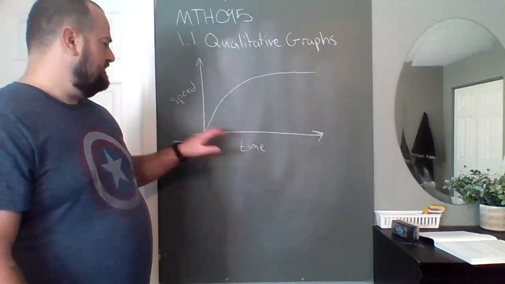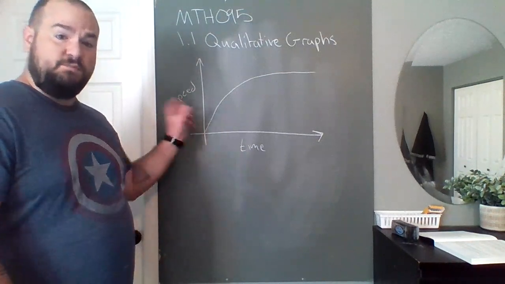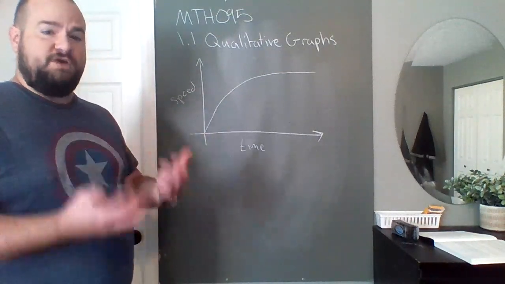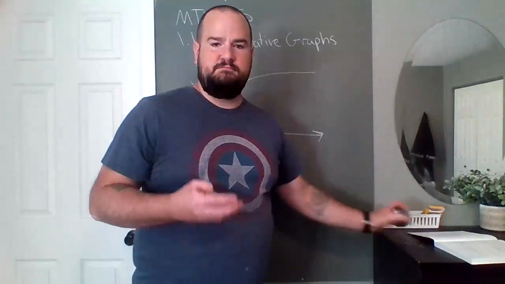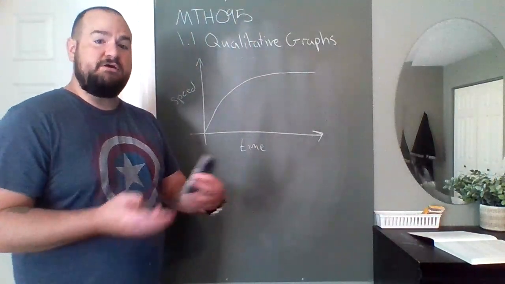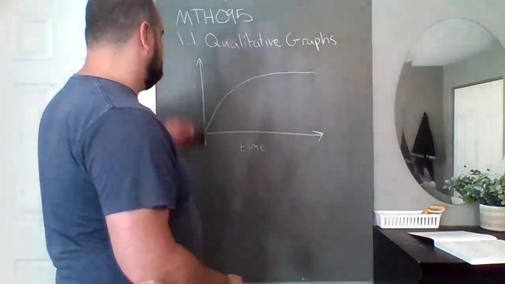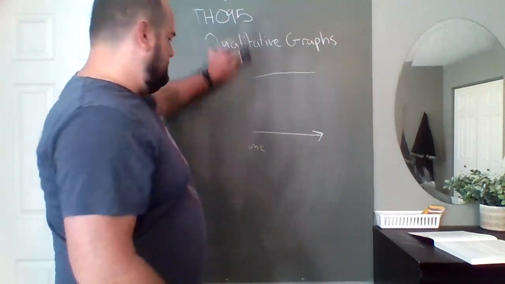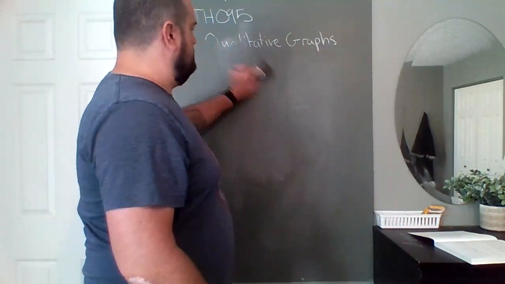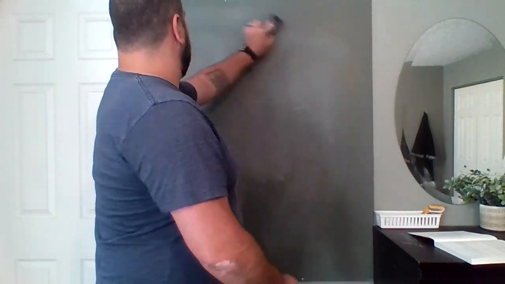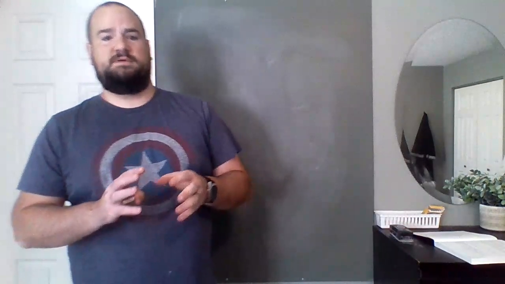Now, time and speed. These are important things. These are our variables. Variables, by the nature of the name, are things that vary, they change, and those are traditionally x and y. Now, one thing I'm really going to push you on is to get away from the idea of x and y.